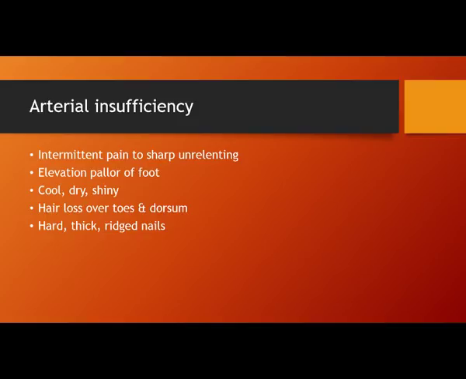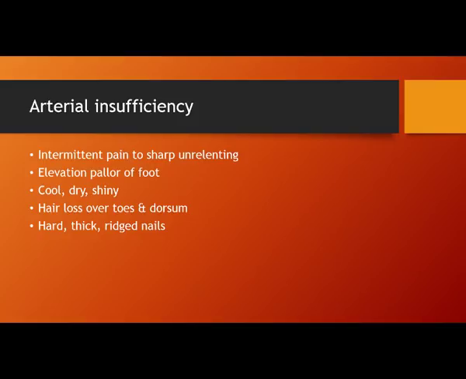Remember, we talked about intermittent claudication, where the person complains about pain when they walk or exercise their legs, and then it goes away when they stop. But it can be sharp, unrelenting pain as well. And then if you elevate the foot, does it become very pale? That would be characteristic of arterial.